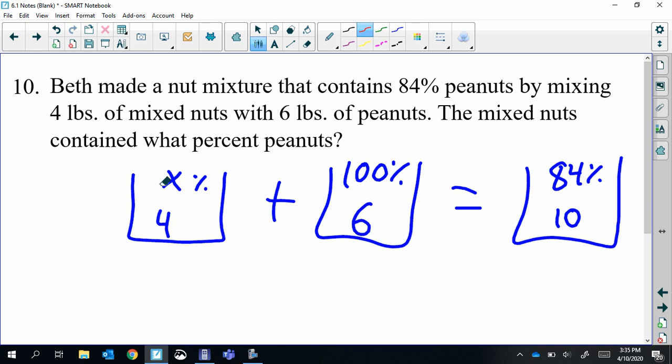So, x percent times 4 would be 4x. 100% times 6 is 6, because that would be 1.0 for 100%. And 84% times 10 would be 0.84 times 10.